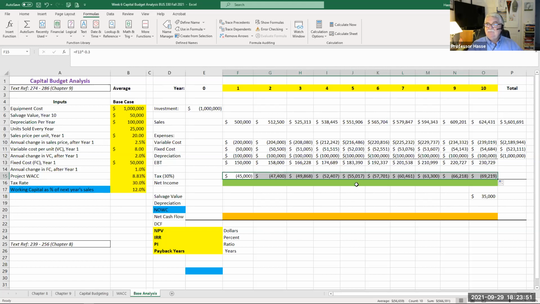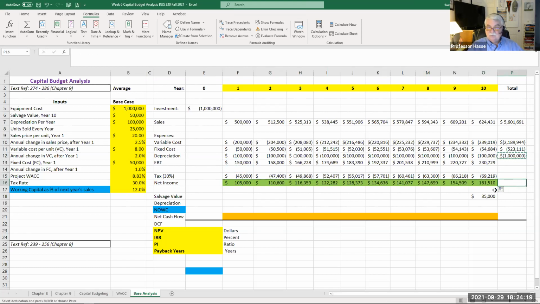And now I can come up with my net income, my net accounting income for this project, by just taking the operating profit and subtracting out the taxes. And there's my net income. And slide all that over, and just give us a subtotal.